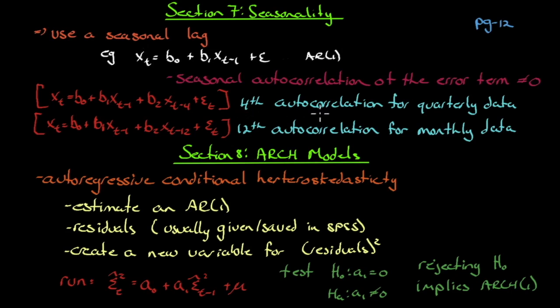So let's say that our fourth autocorrelation for quarterly data showed significance, but not the first, the second, or the third. Well, we would just model it like this. Notice we still have our first lag, but we would add another term, and there's our fourth lag. And if it were monthly and it was the 12th month that showed significance, we would add a lag for the 12th month.